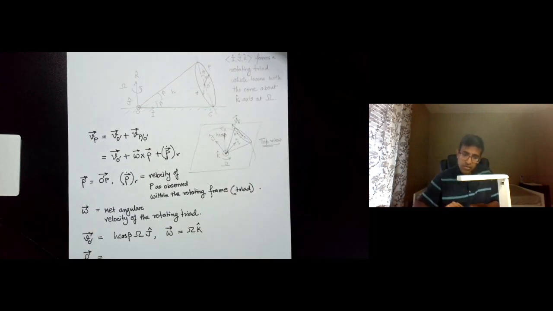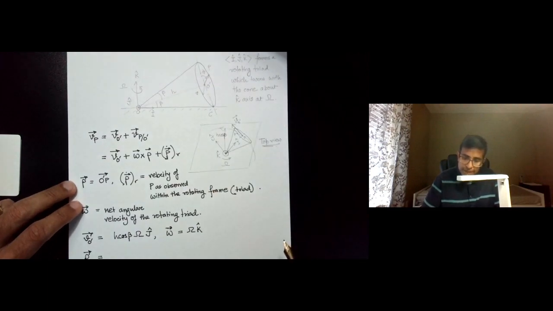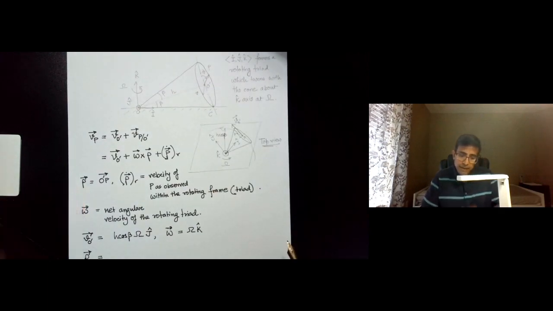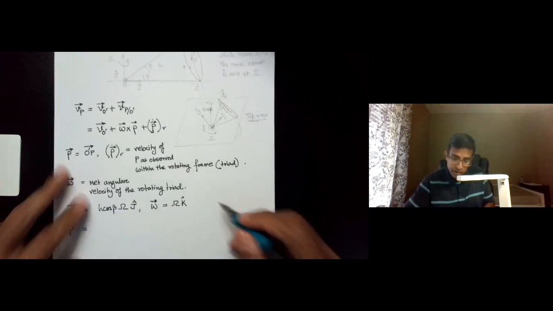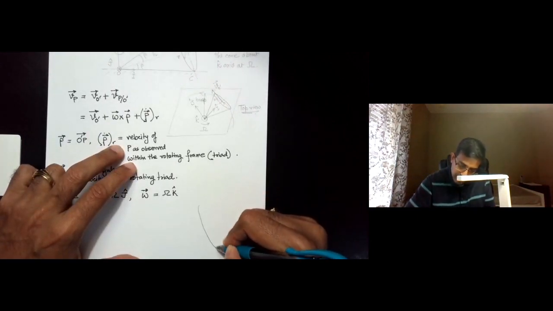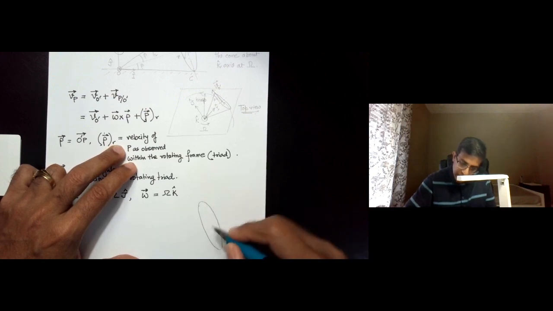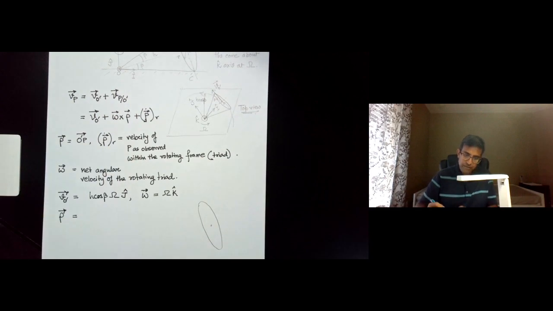So this vector needs to be resolved a little bit, and let me just try to make a sketch to show how O prime gets resolved. If we consider this ellipse that is forming, we are using this as a view.